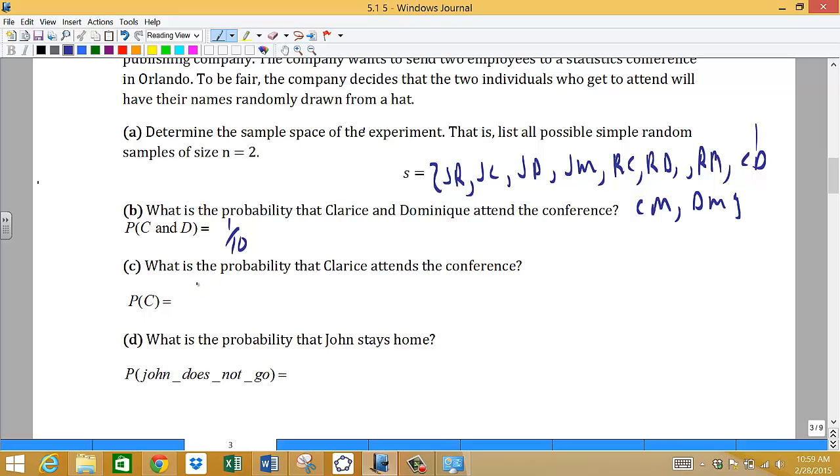So that's 4 out of 10. Just probability any other person will go too. So the probability 4 out of 10 they go, probability must be 6 out of 10, right? That John stays home, 6 out of 10. Okay. All right, so a couple examples of classical here.